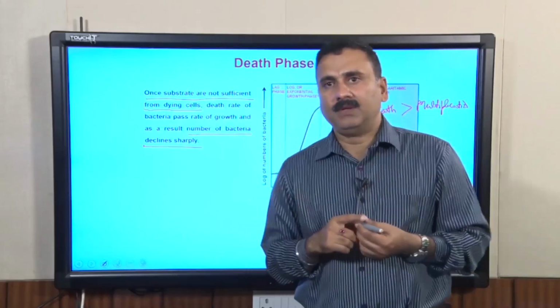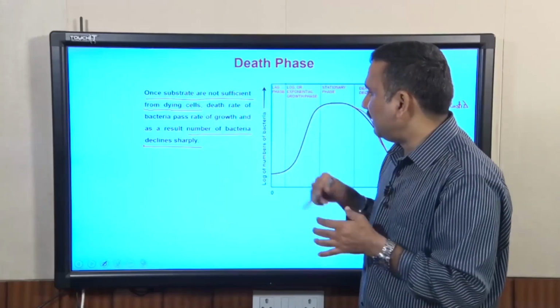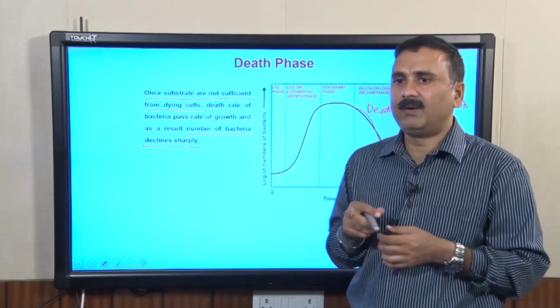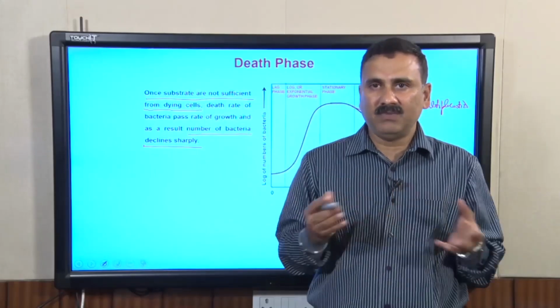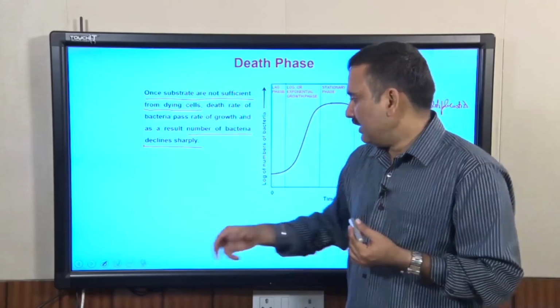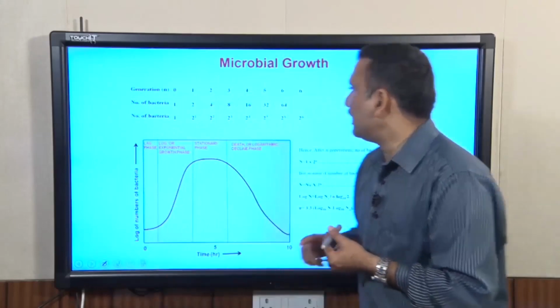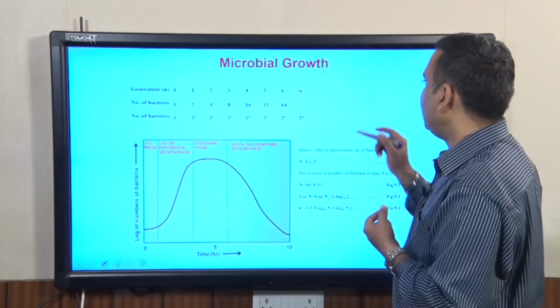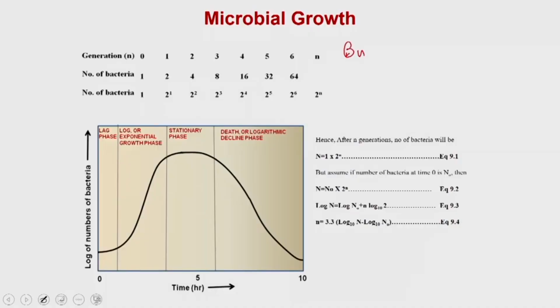So, this is about the growth of a particular bacteria in a given media. If you summarize, what will happen is that they are going through binary division.